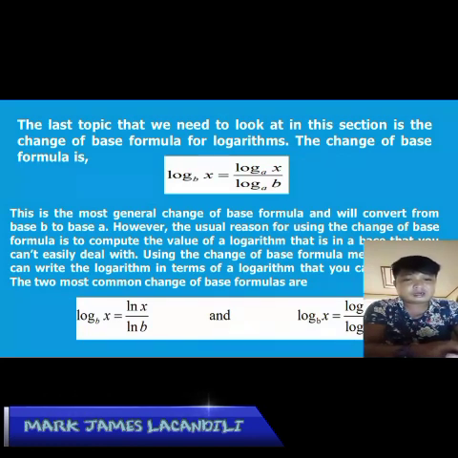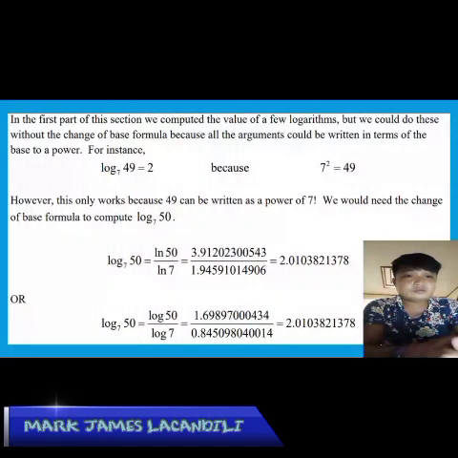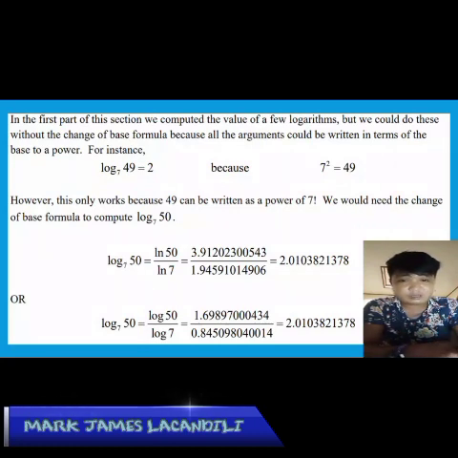The two most common change of base formulas are log base b of x is equal to ln x over ln b, and log base b of x is equal to log x over log b. In the first part of this section, we computed the value of a few logarithms. But we could do this without the change of base formula because all the arguments could be written in terms of the base to a power.